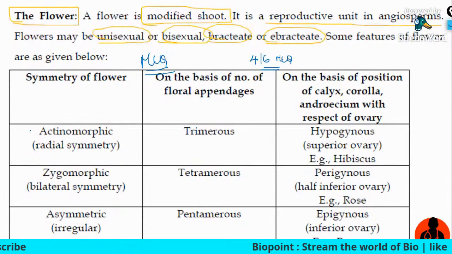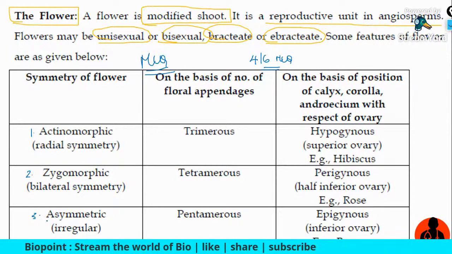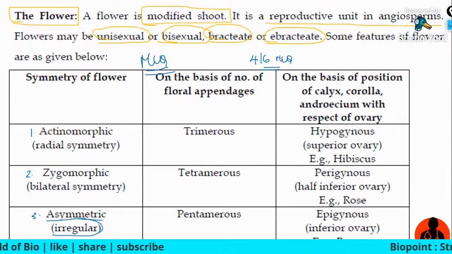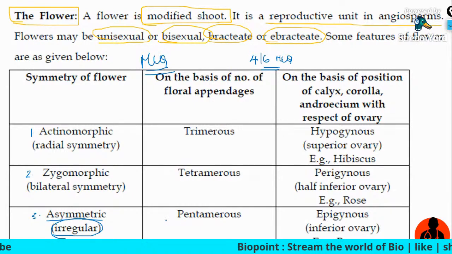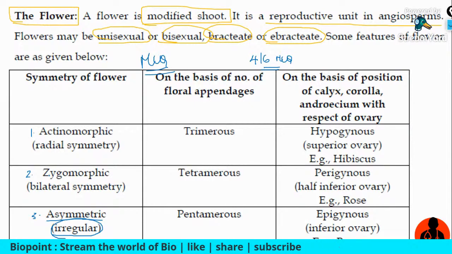First one, actinomorphic symmetry. Second one, zygomorphic symmetry. Third one, asymmetric. First, let's discuss asymmetric. Asymmetric means irregular. They don't have any kind of symmetry. Clear? Clear, everyone?